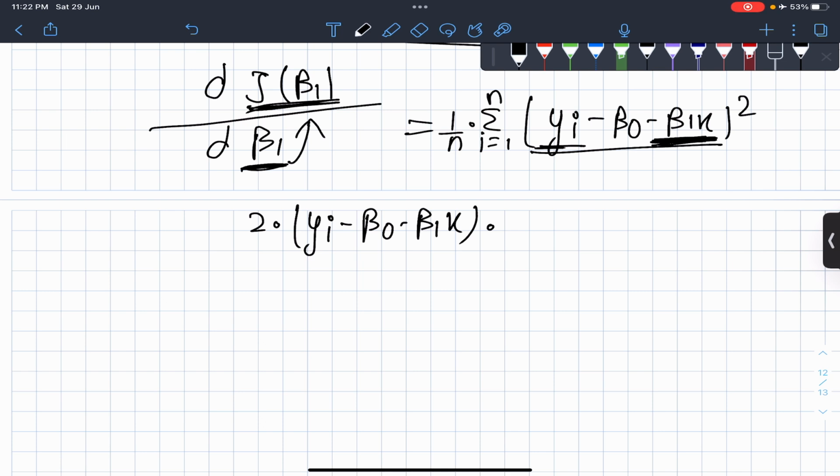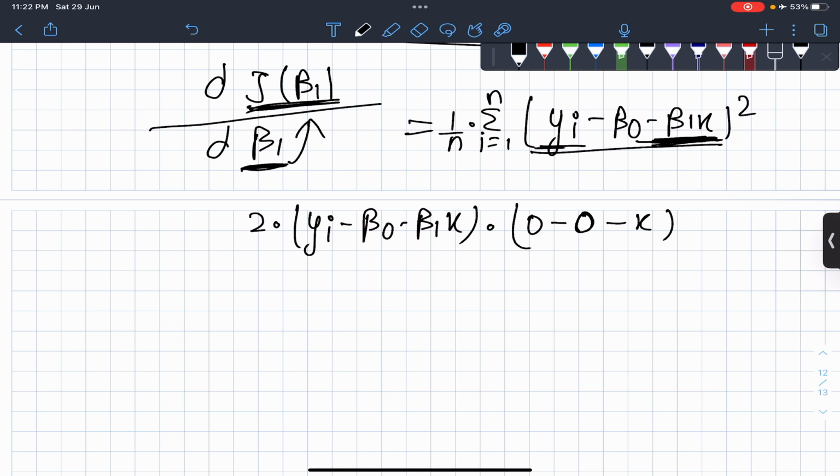What is the derivative of a constant? Zero. And what is here is the game changer. What is here is actually minus x.